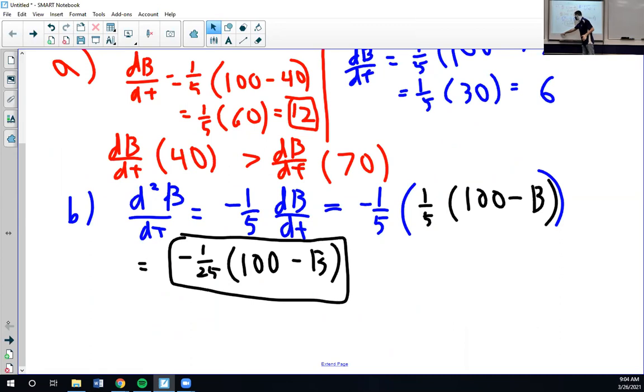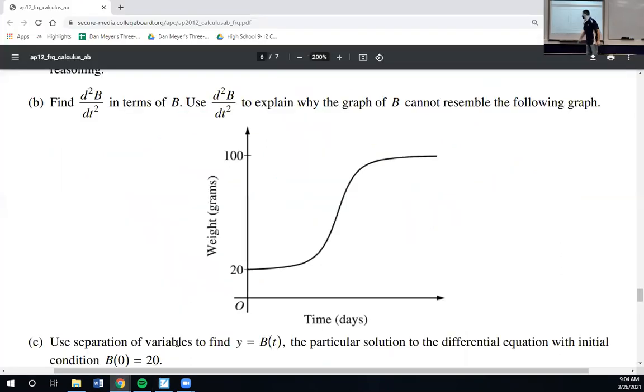The other thing in part B is that it asks us to use that second derivative to explain why B cannot resemble the following graph. All right, here's our graph.